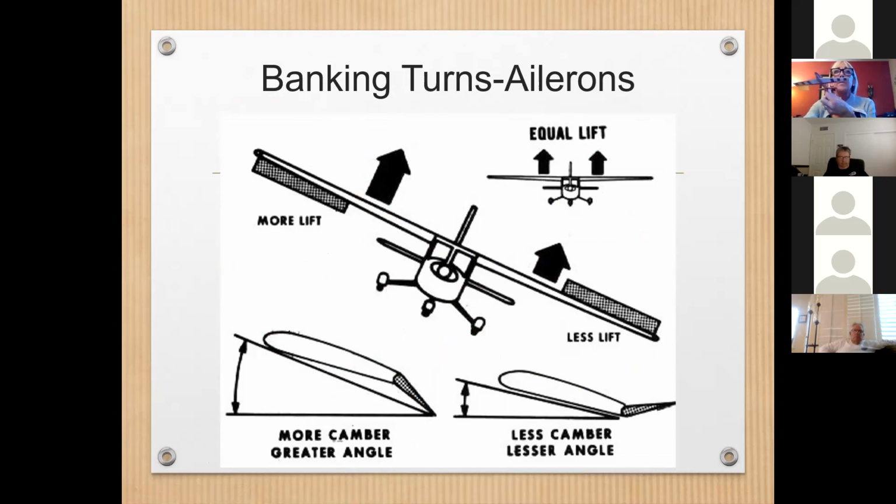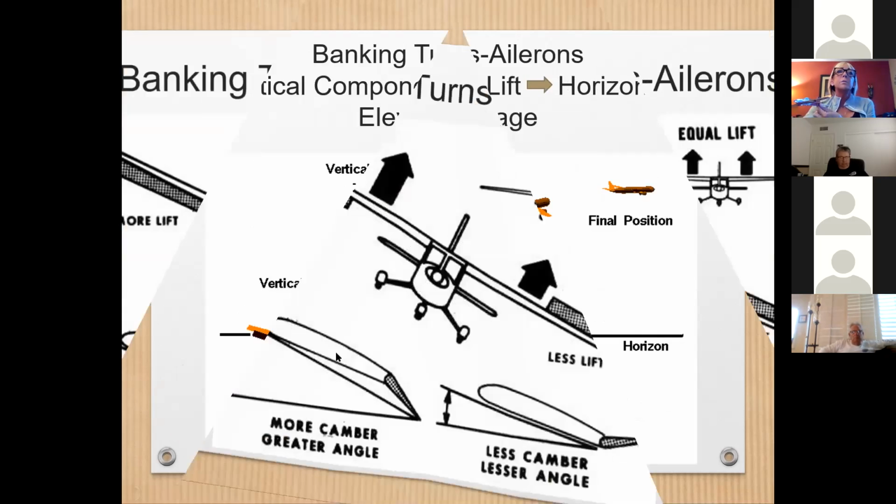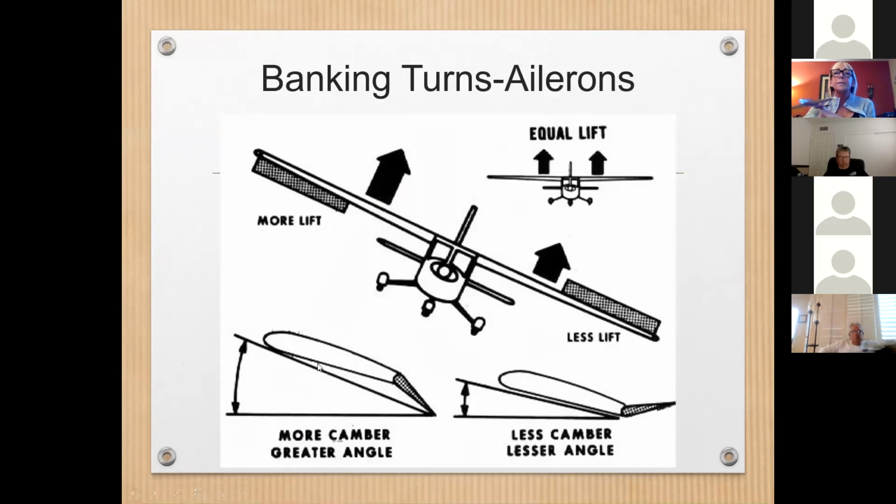And you can see at the bottom here, when you put that aileron down, you have more camber, greater angles. So the molecules are coming over here faster. Molecules are coming over here and hitting. So this is creating drag on this side, and this one's creating lift. And here we're straight and level up at the top. We have equal lift.